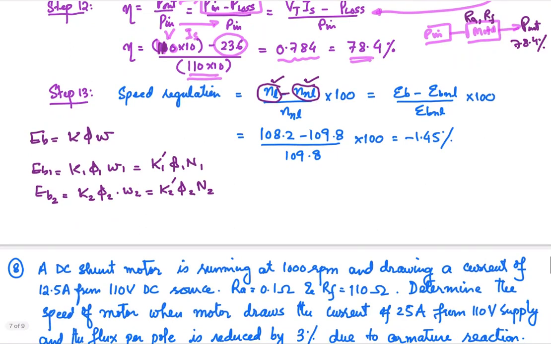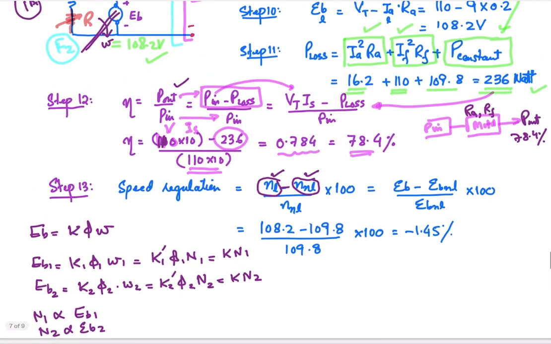So we can say that this is equal to some constant k into n1, and this is some constant k into n2, because flux is not changing. So our speed is proportional to EB. N1 is proportional to EB1, and N2 is proportional to EB2. So instead of using the speed, we are going to relate it with the back EMF.